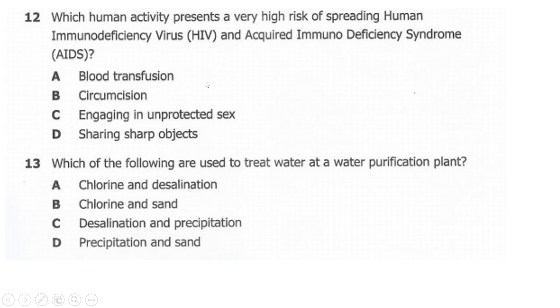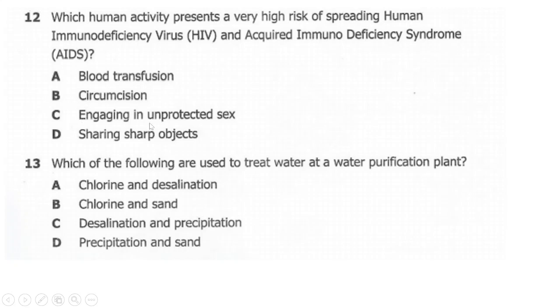So A, blood transfusion. High risky human activity, I don't think so, because blood transfusion is done with caution. Then B, circumcision is also done with caution.